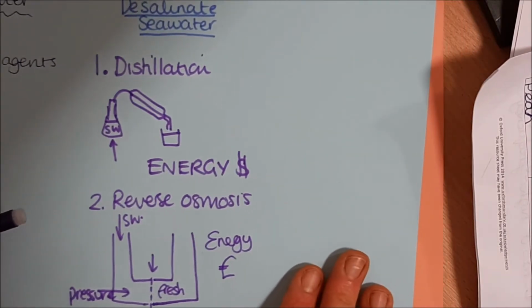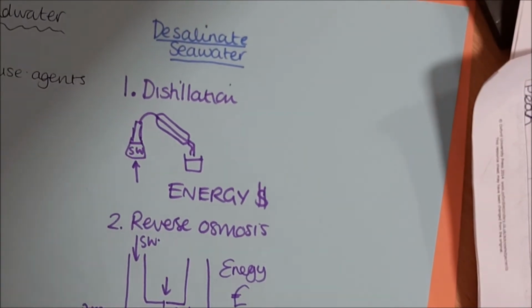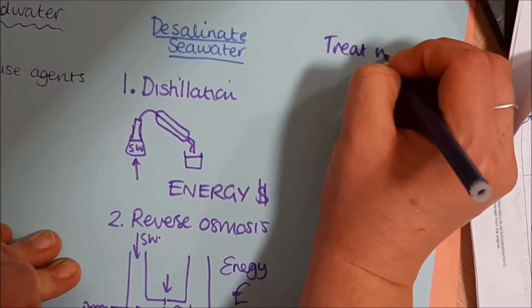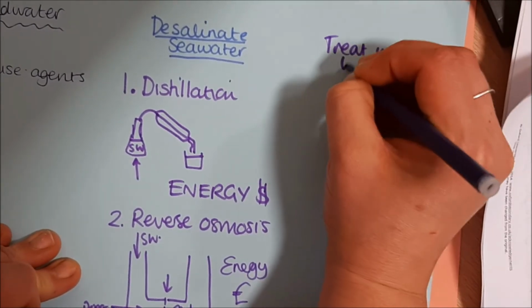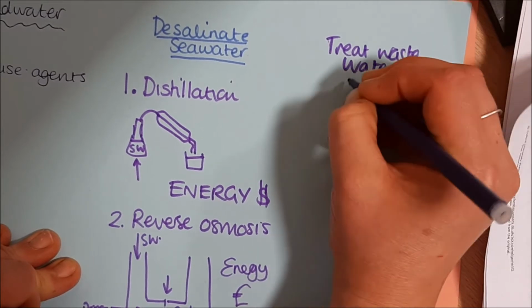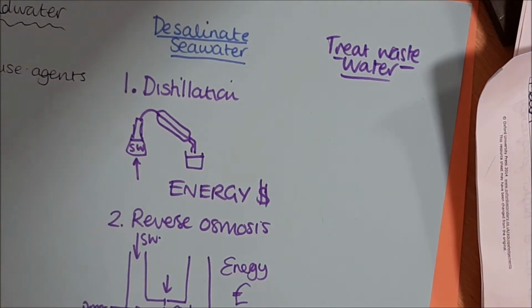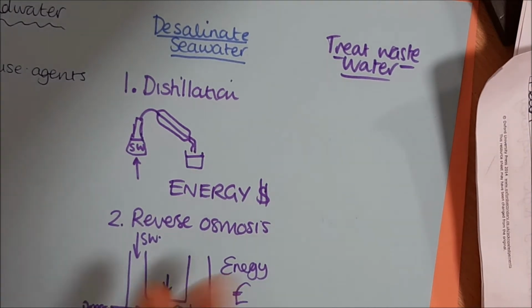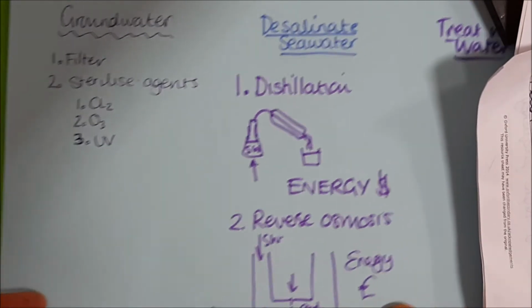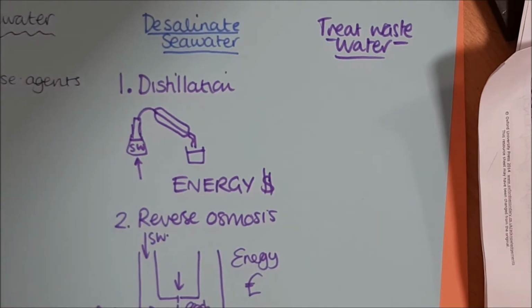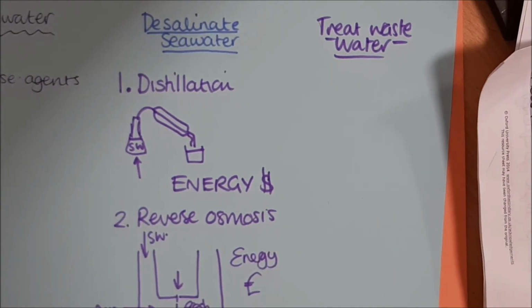The final way, which is the grossest, is to treat wastewater. Essentially we're treating sewage, then releasing it back into the watercourses, and therefore we are producing water that will then be found in groundwater. To do this, there are basically 4 treatments.